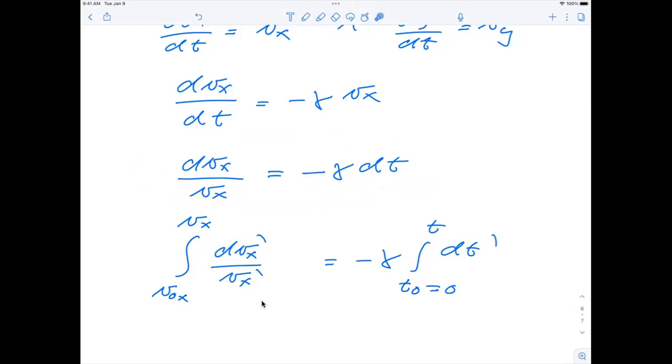Anyone remember that? There is a famous mathematical function which gives us v of x in terms of time, and some of you may have seen it in connection with decays.